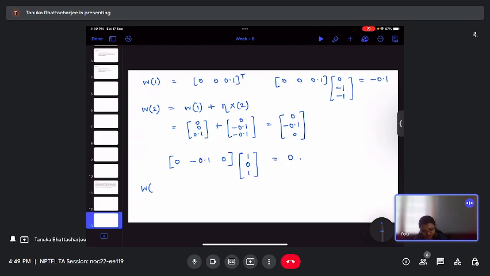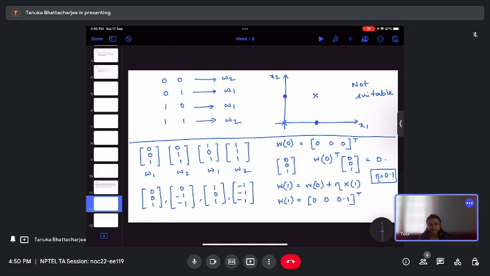So, you need to update the weight vector again. Now, your W3 will become 0 minus 0.1 0 plus eta times x3, which will be 0.1 0 0.1. So, finally, you will get 0.1 minus 0.1 0.1. Now, you will check the last example, which is minus 1 minus 1 minus 1.